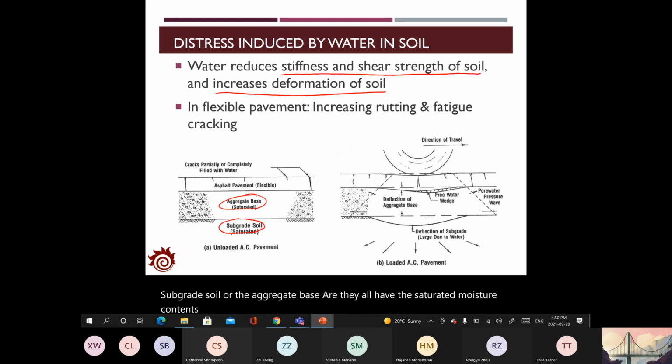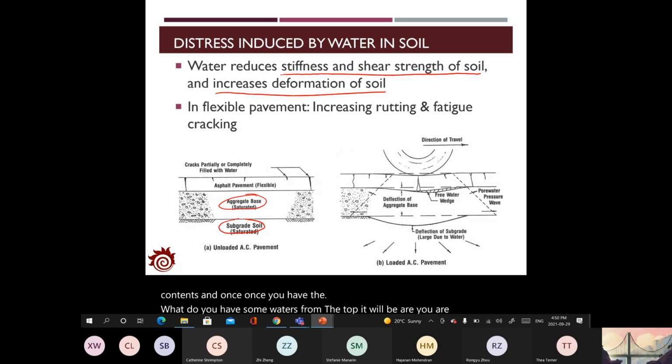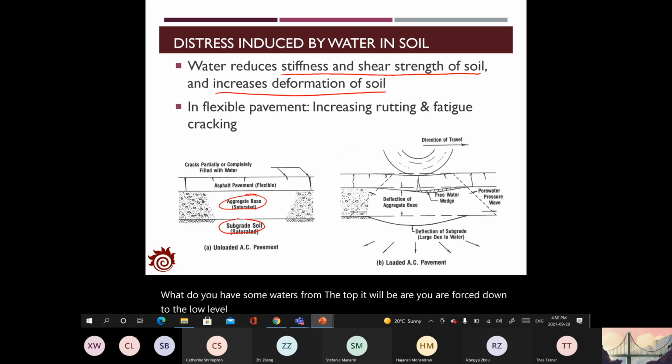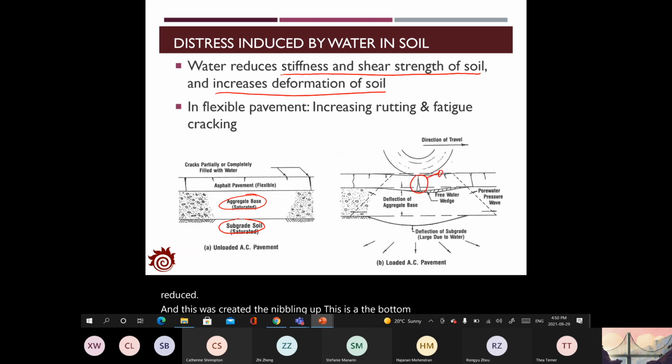And once you have some water from the top, it will be forced down to the lower levels, and then if there's any traffic or any vehicles moving on the surface of the pavement, you will actually cause some deflection to the subgrade layer, because the strength is reduced and the stiffness is reduced, and this will create the bottom-up cracking.